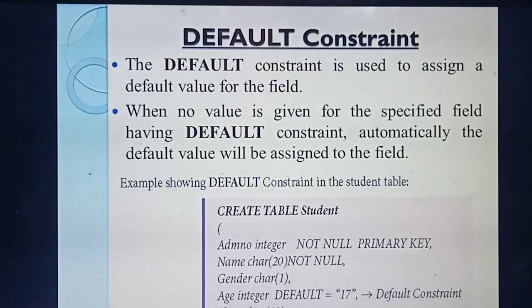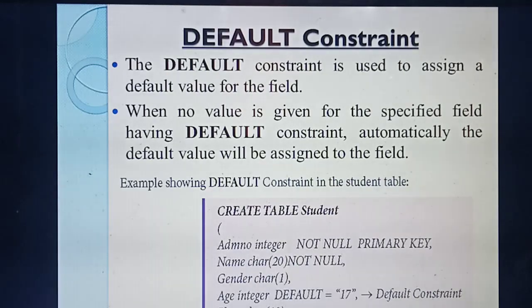So what do you mean by default constraint? If you need to assign a default value for the field. Okay. So for some fields you should assign some default values. At that time you can use which kind of constraint? Default constraint. Okay.